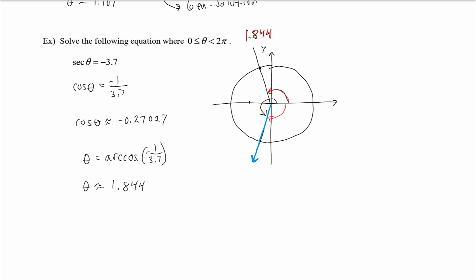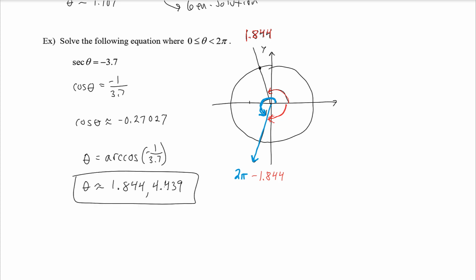So to get the one I've got in blue here, it's going to be all the way around the circle, 2 pi, and then I'm going to subtract off the 1.844. I'm going to subtract this chunk off of it, leaving me this blue chunk. So if I do 2 pi minus 1.844 on the calculator, I get 4.439.